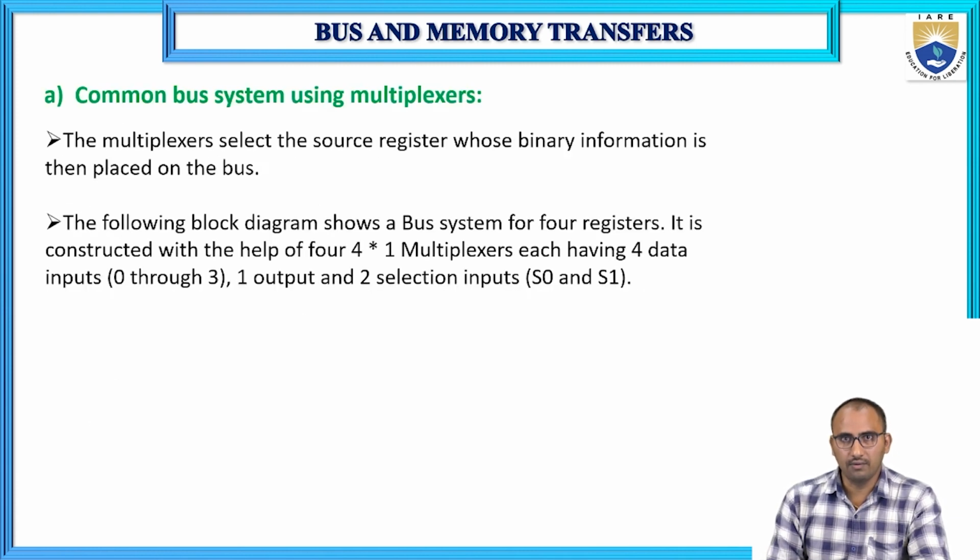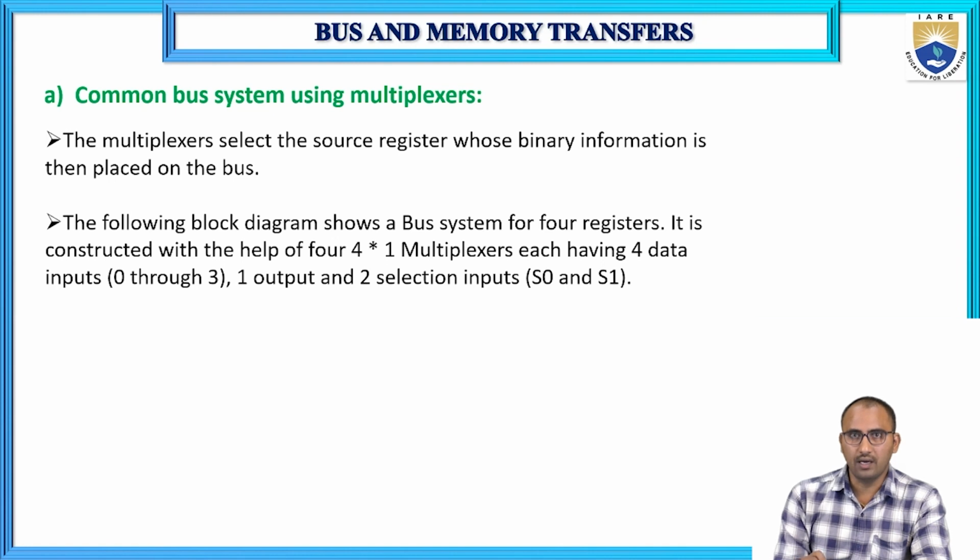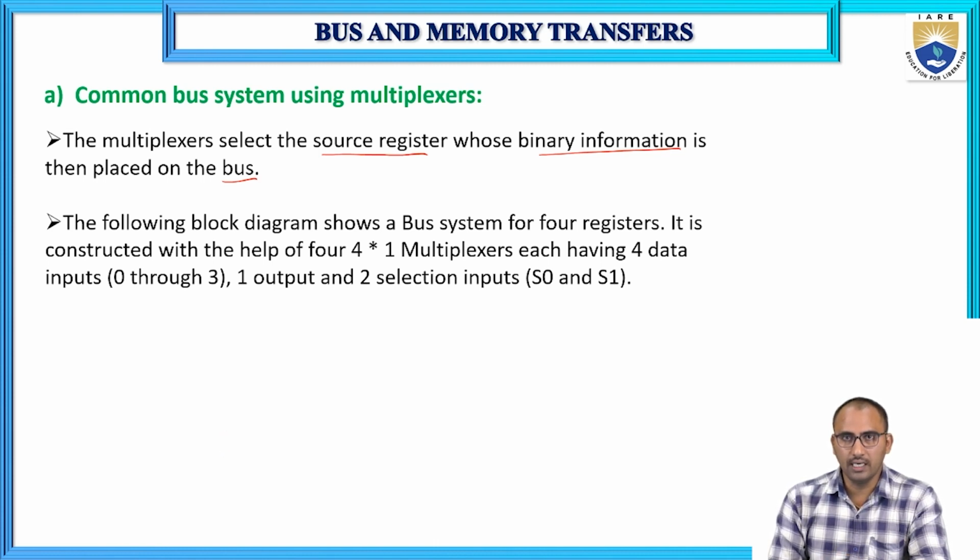So let's start with the first way, that is using multiplexers. A multiplexer selects the source register whose binary information is then placed on the bus. The multiplexer is a combinational logic circuit that will select the source register from where the data transfer takes place.